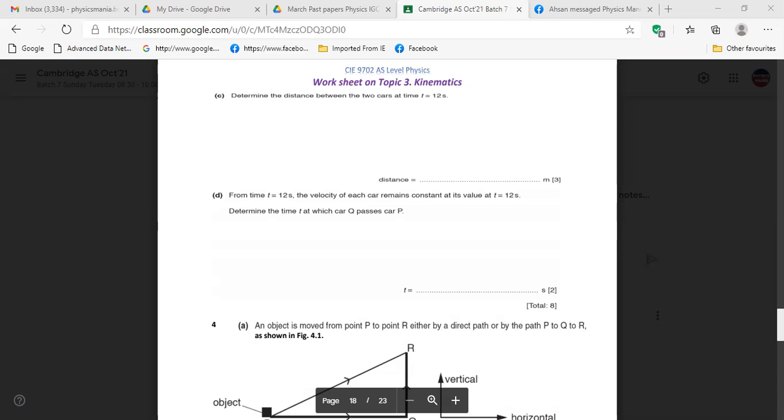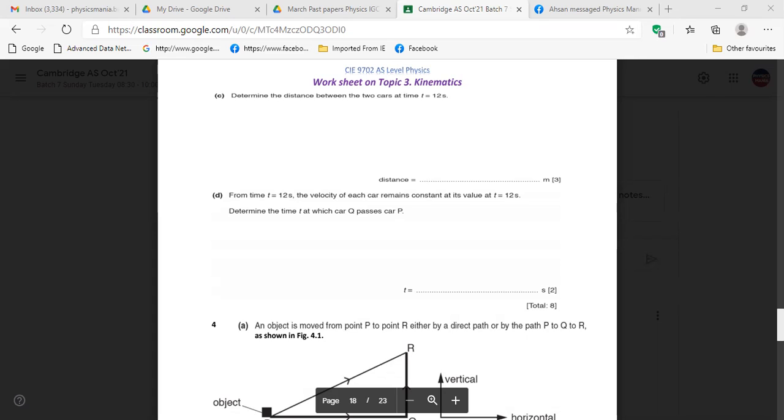Sir, 30 divided by 24. Why are you dividing? Sir, car Q takes 2.8 seconds and car P takes 2 seconds. Okay, if you are talking about 2 seconds, car Q in 2 seconds, how much distance did it travel?